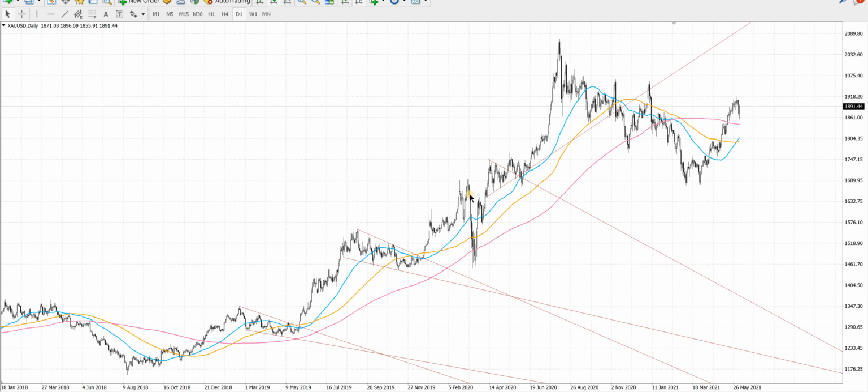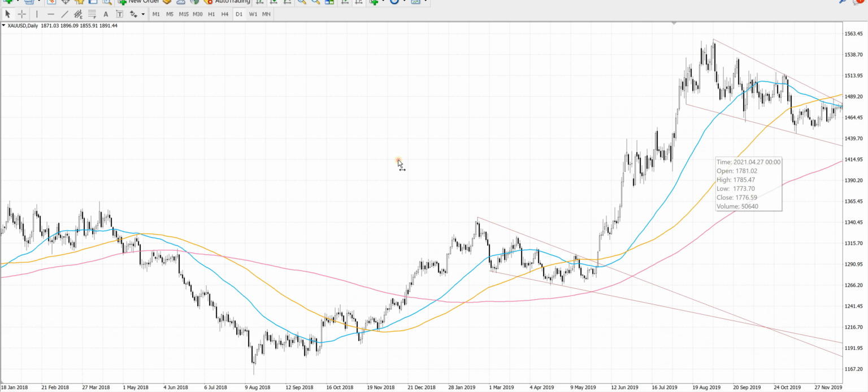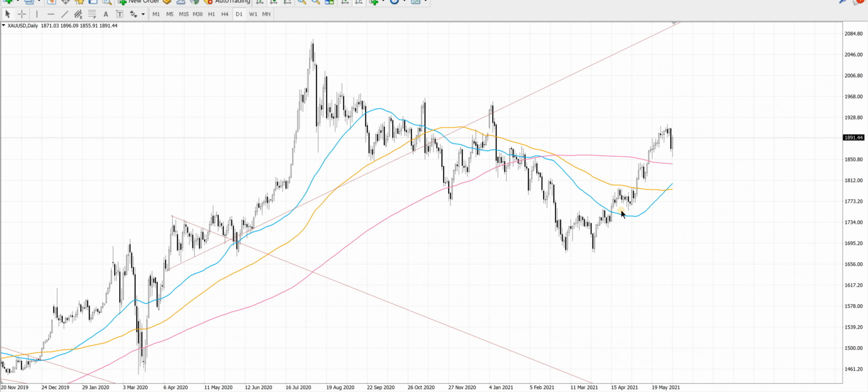You've got it bouncing off the SMAs here, here, here, trapped in between two SMAs here, entered a consolidation pattern for, what was that, like a week or more? 1, 2, 3, 4, 5, 6, 7, 8, 9, 10, 11, 12, 13, 14. 2 weeks, actually. It was trapped between these two moving averages.